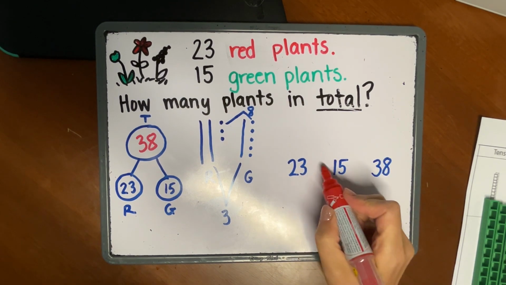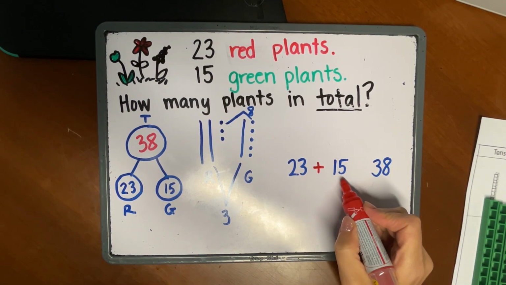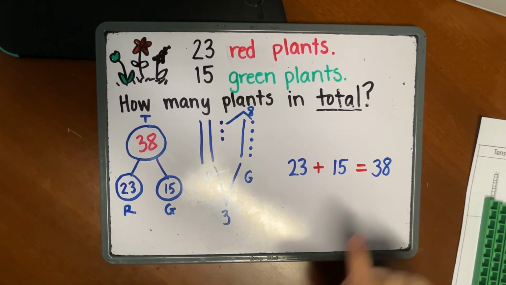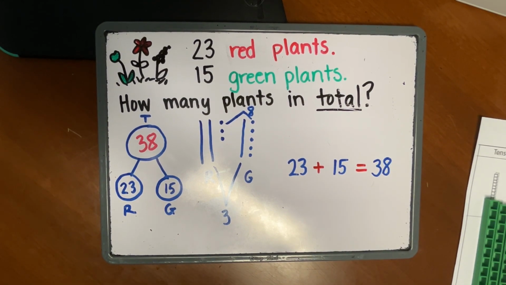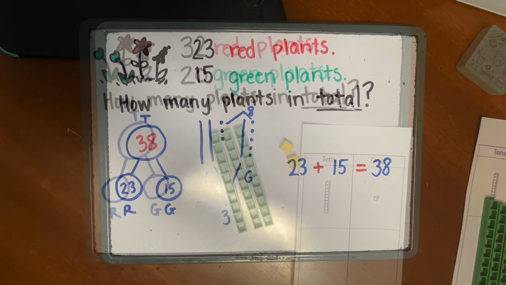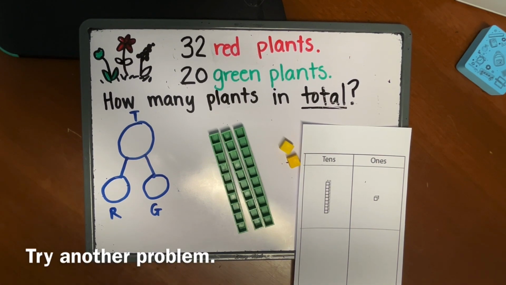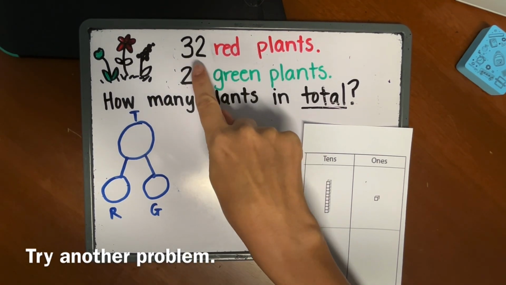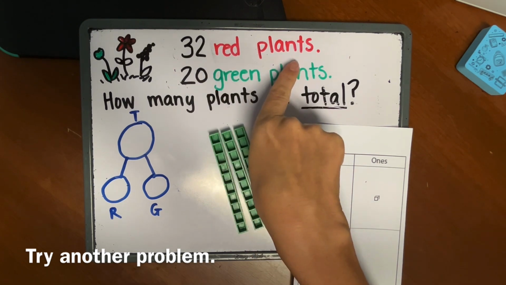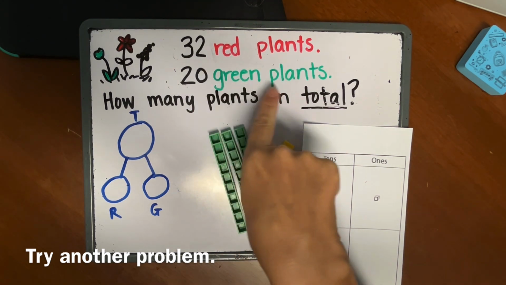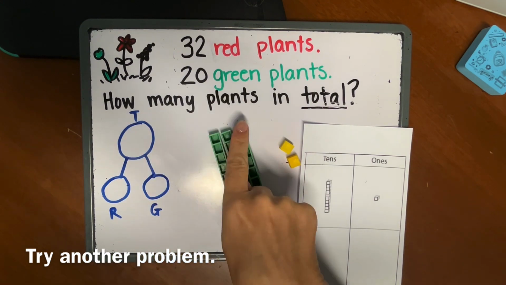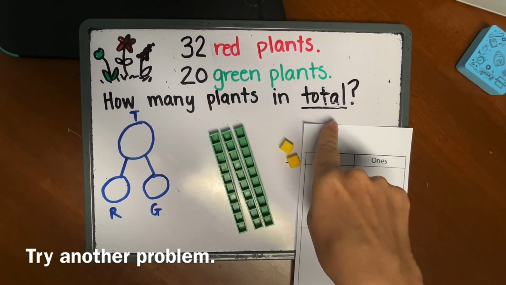Well, we have 23 and 15 is the same as 38. Let's try another one. This time, the children saw 32 red plants and 20 green plants. How many plants in total?